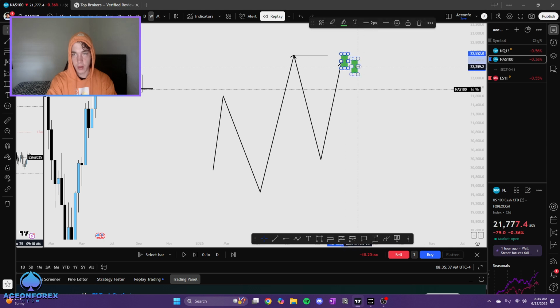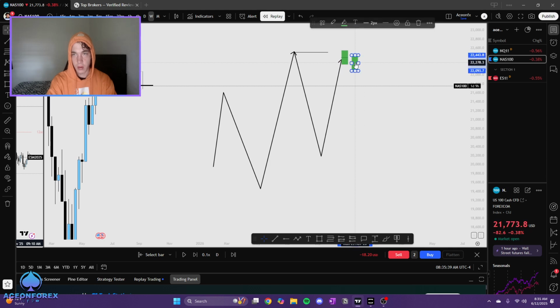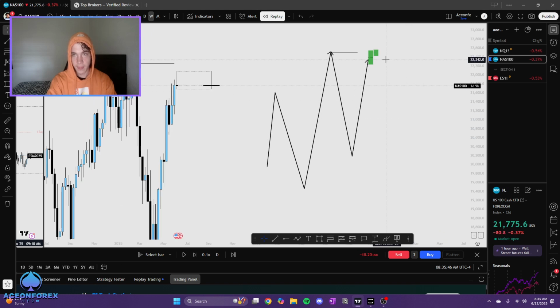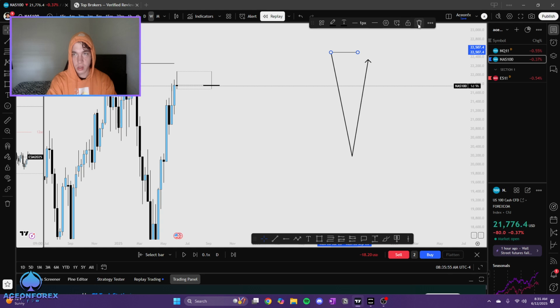But if we close above, you want that red candle to not close, right? You want it to be small. So you really have to pay attention to the candle bodies, but also the swings.